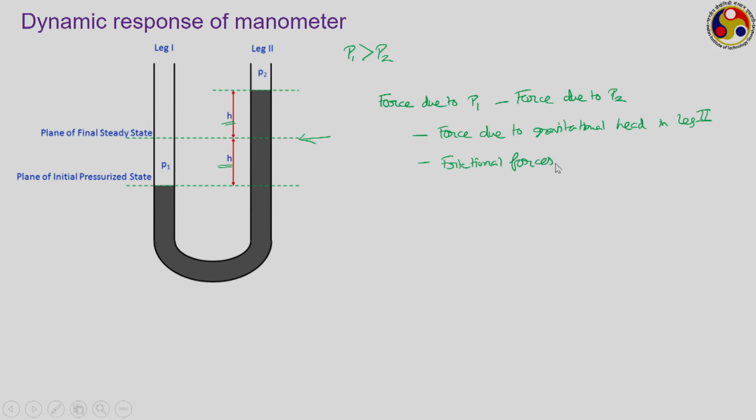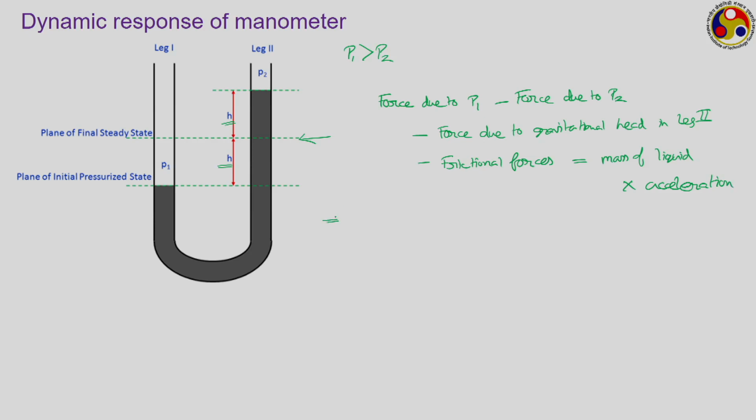As the liquid column tries to move, the viscosity of the liquid resists that motion, so it also has to go against this frictional force. This summation of forces, these are the forces that we can realize here. This should be equal to the mass of this manometric liquid into its acceleration.